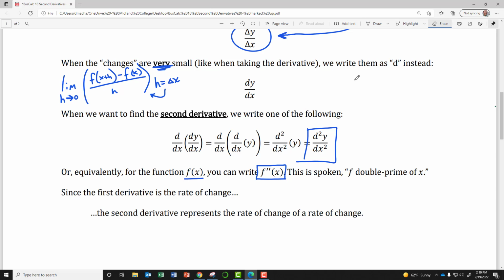And then maybe the last thing I'll say before we move on to examples is that since the first derivative is the instantaneous rate of change of a function, that means that taking the derivative twice, in other words, taking the second derivative, represents the rate of change of what?